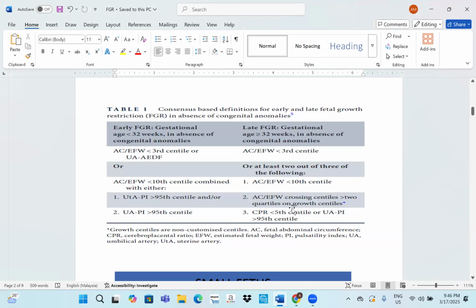Even if the estimated fetal weight is not less than 10 centile, but you are plotting it on the growth chart and it is crossing 2 centiles or 2 quartiles, that is 50% decrease in the growth, along with the abnormal Doppler, still we will label this patient as FGR. Okay, clear up till now?